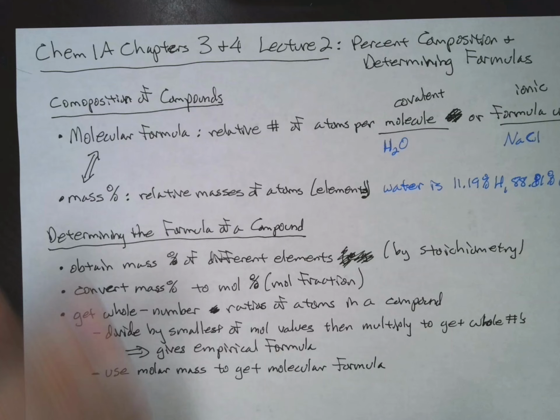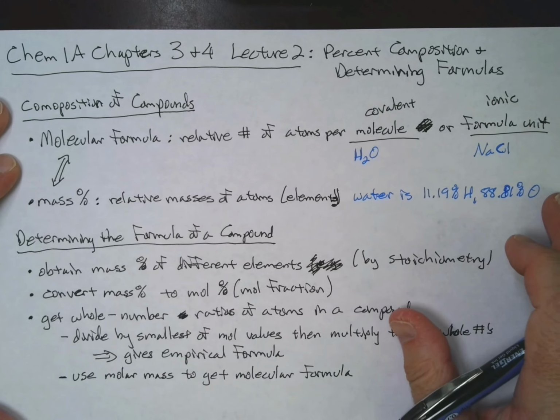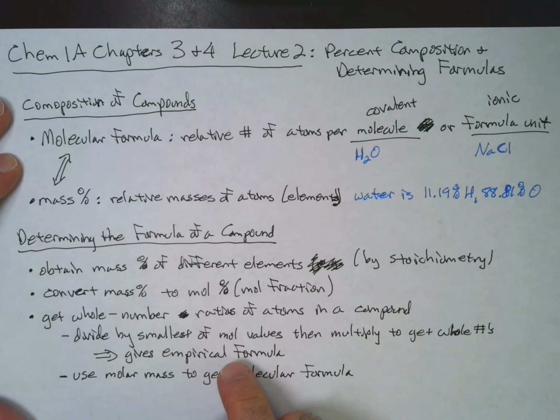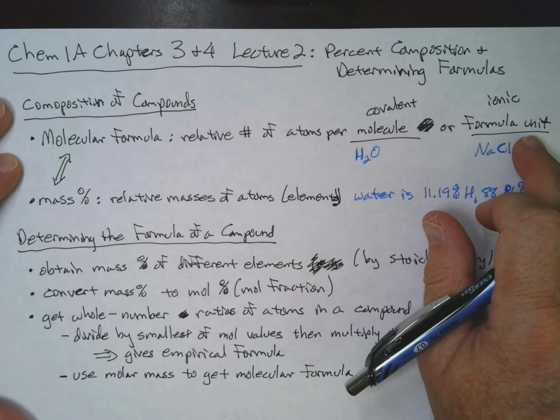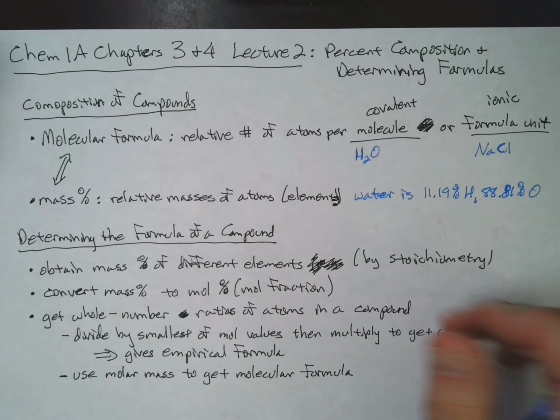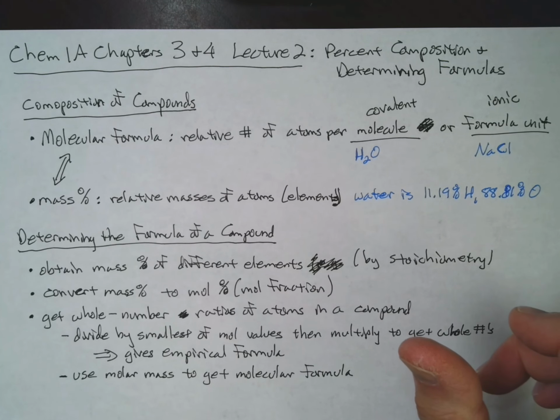Now, if you don't have a molar mass, or let's say you have something that is ionic, then your empirical formula is just your formula unit. So your empirical formula is the formula.